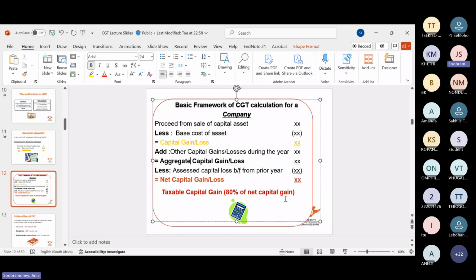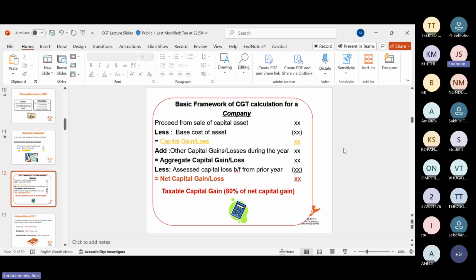Okay, so where does that deferment fall? The deferment will fall here after calculating your gain. Then only will you include the deferred portion. And then only do you include 80%. So that's important. Now, if you have multiple assets, you will do it per asset.